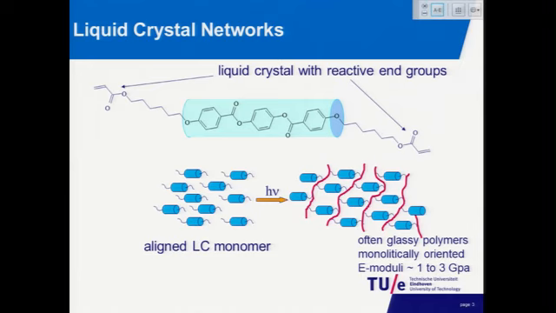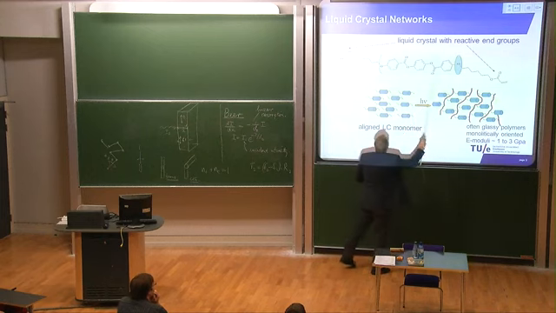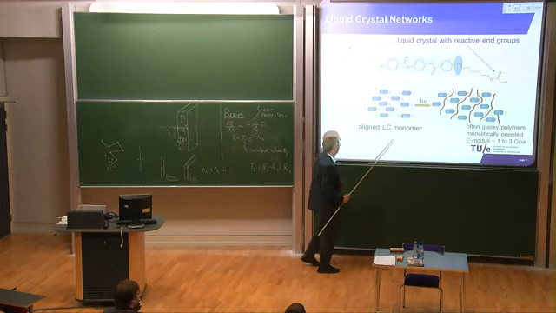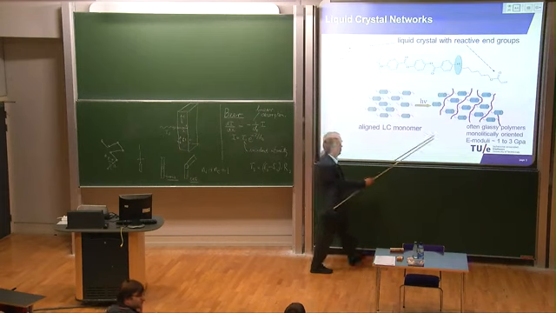And if you do this in the presence of a photoinitiator that creates these free radicals, you very soon convert this material from its liquid crystalline state, from its liquid state, into a solid polymer just by connecting all these reactive end groups. So you go from liquid to a polymer.